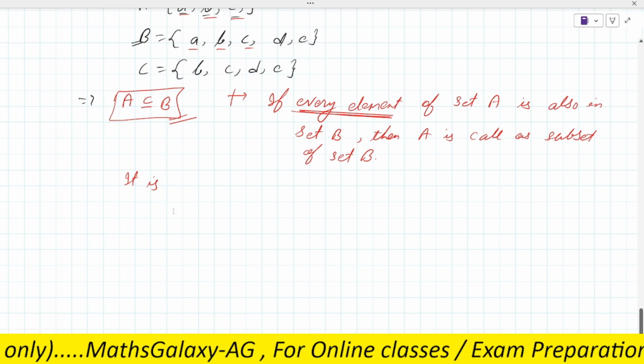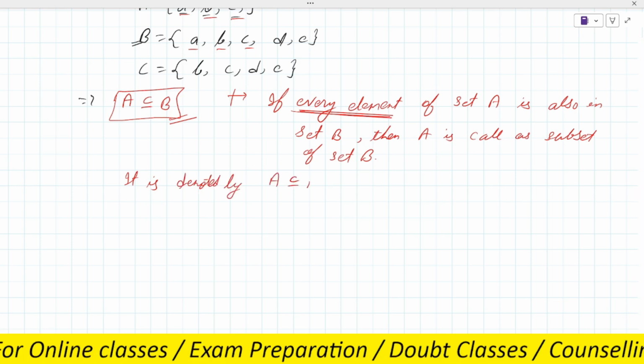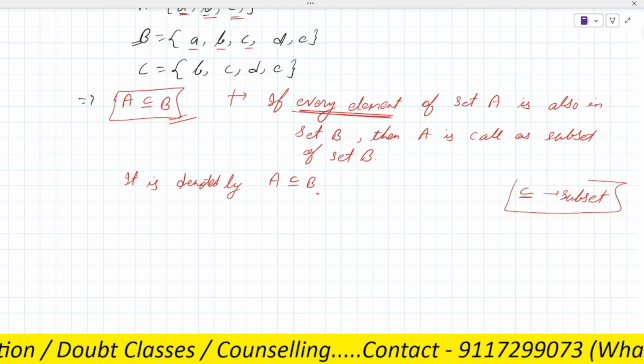A will be the subset of B. This sign is the sign of subset. Is it clear or any doubt?